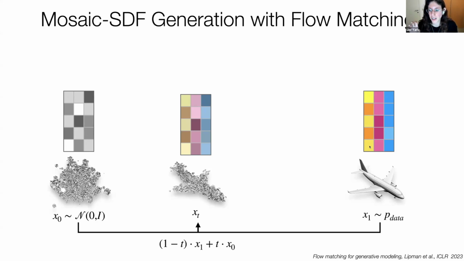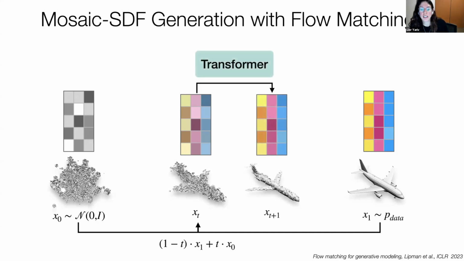So the sequence length is the number of volumes that we have. So you can fit this representation xt into a transformer and predict the next step towards the clean airplane, as we see here, which is xt+1. So again, very similar to what we saw in images.